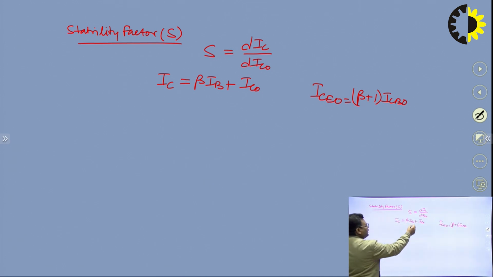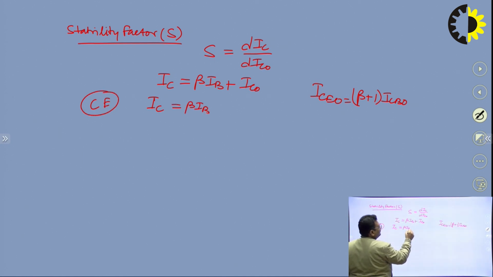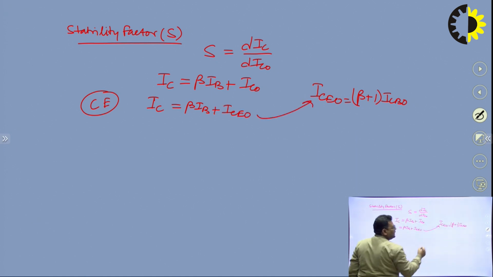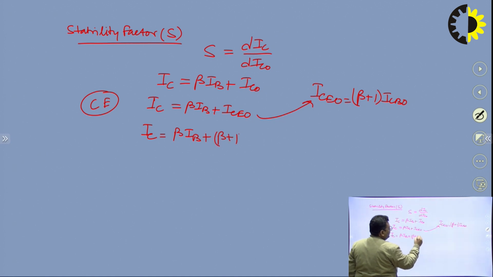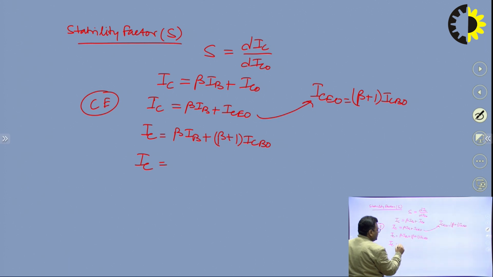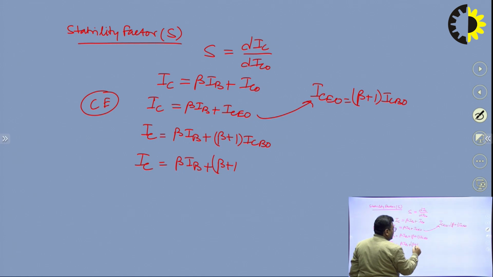So here, this is for common emitter configuration, so I can write IC is equal to beta times IB plus ICEO, and this ICEO can be replaced with this equation. So IC will be beta times IB plus beta plus 1 into ICBO, and this ICBO I can write as only ICO. So IC is equal to beta IB plus beta plus 1 into ICO in general form.